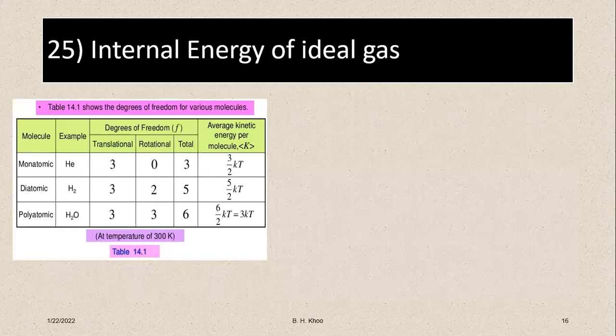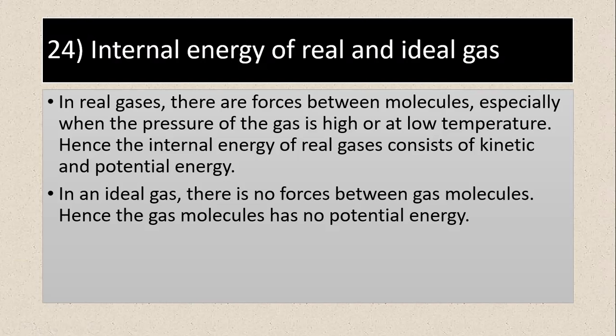Think of it like a spring. In ideal gas there's no intermolecular force, that means no attractive force, so no potential energy. In real gas, if there is intermolecular force, then there's going to be stretching, there's going to be stored energy, so that is potential energy. Think of it as a spring if you like. Intermolecular force is like a spring between the two atoms.